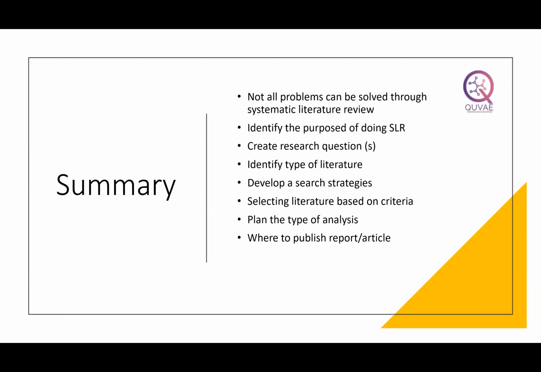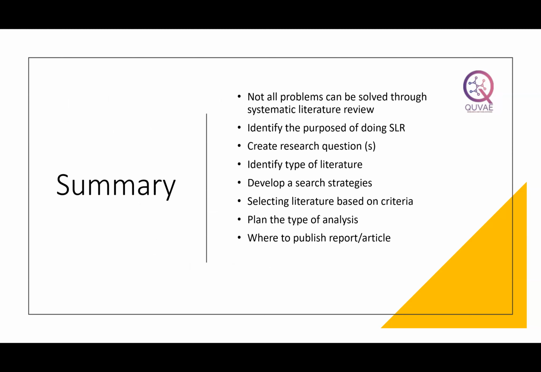Okay, basically, that is about it, the process of SLR. So for the summary of my talk just now, we can see that not all problems can be solved through systematic literature review.